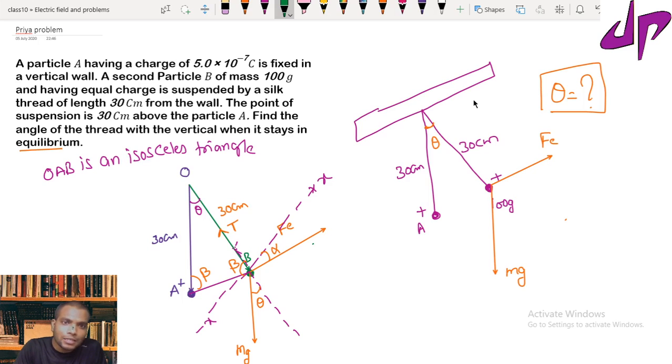Along the x-axis, it is Fe cos alpha, and along this axis it becomes Fe sin alpha. Similarly, mg is also resolved into two components. Along this axis it becomes mg cos theta, and along this axis it becomes mg sin theta.